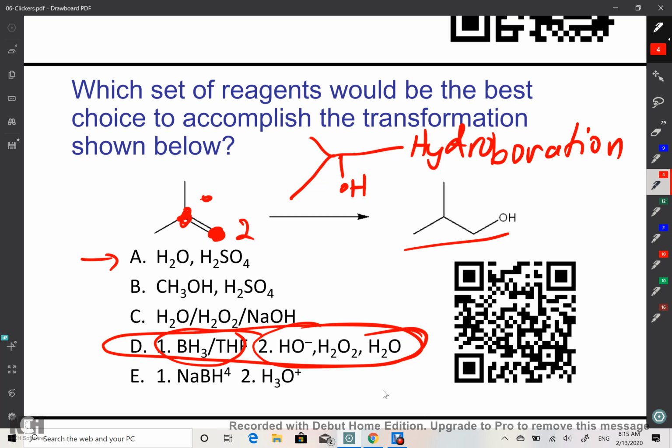Does that make sense? So when I call this reaction hydroboration, just the fact that that hydro is there will keep reminding you that the product will have an OH. And the boration comes from borane, which is this BH3. It means I'm using borane to form an OH. That's why it's important to also know the name of those reactions.